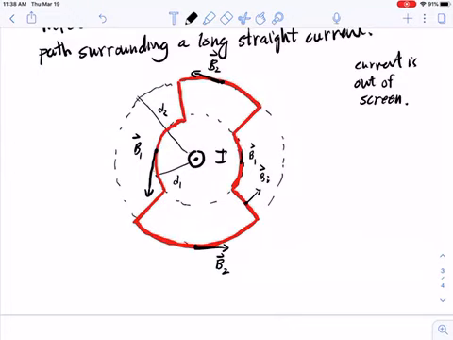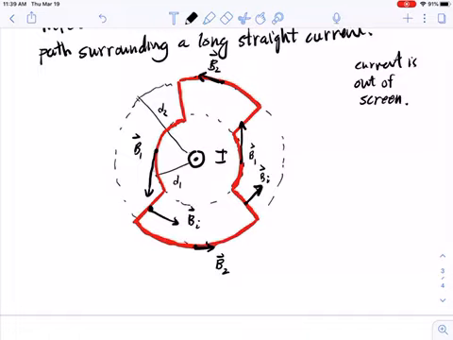So these vectors should be longer than the B2 vectors, and then these should be in between the B1 and B2 vectors. So we'll make B2 a little bit shorter. And so let's do one more over here. This is also going to be some kind of intermediate value between B1 and B2. So BI.